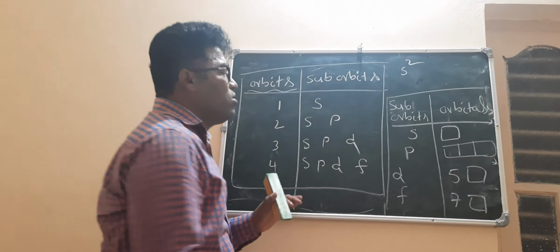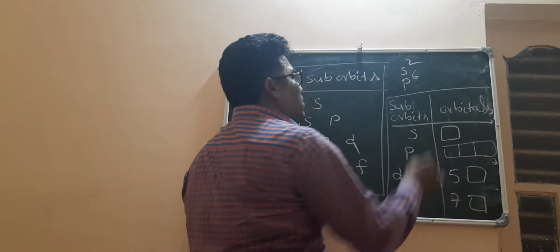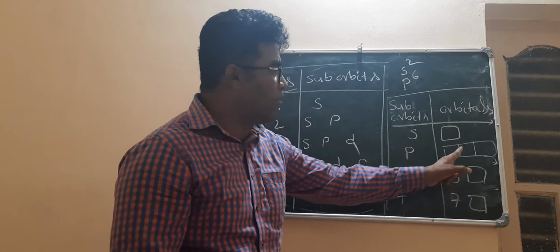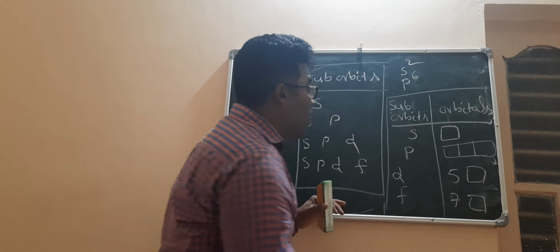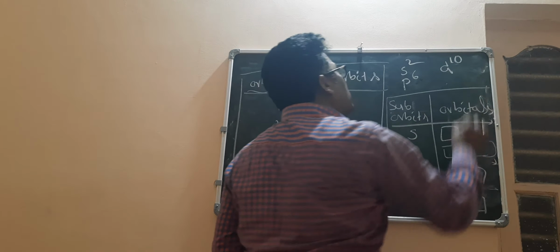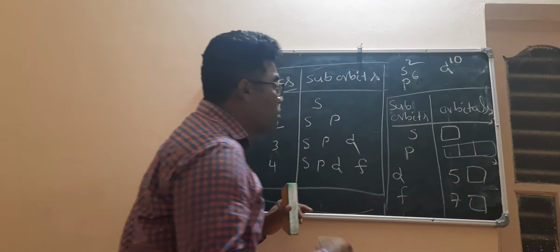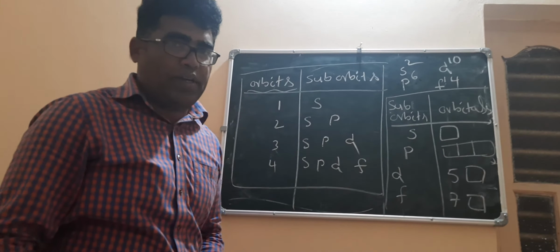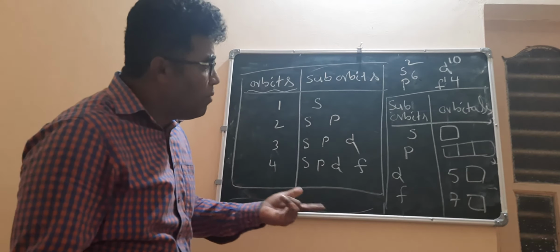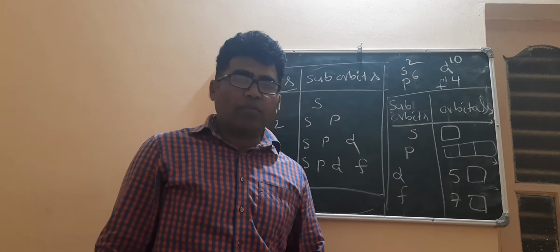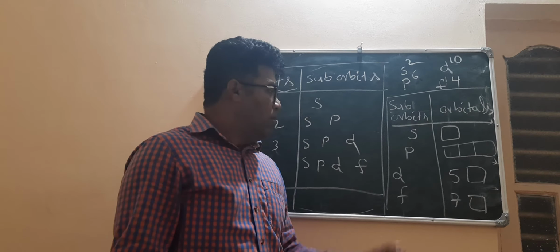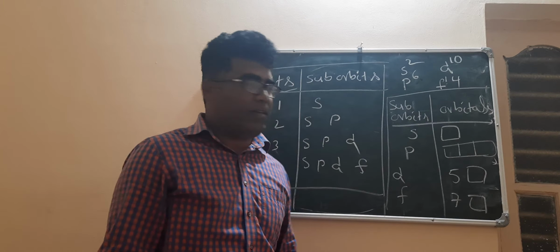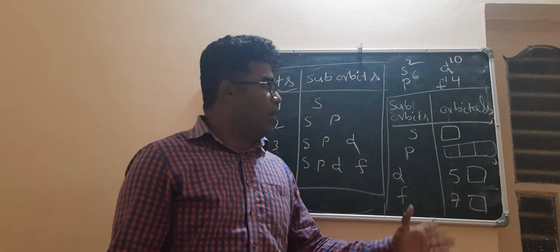In the p suborbit it is 6. Why 6? Each box has 2 electrons, 3 boxes, 2 plus 2 plus 2, 6. In the d suborbit it is 10, and in the f suborbit it is 14. So f 14, d 10, p 6, s 2 electrons.